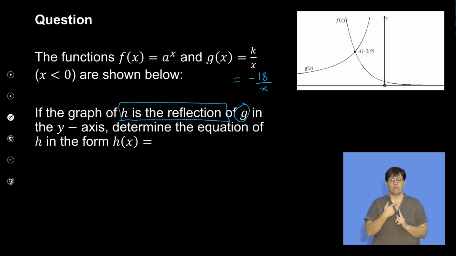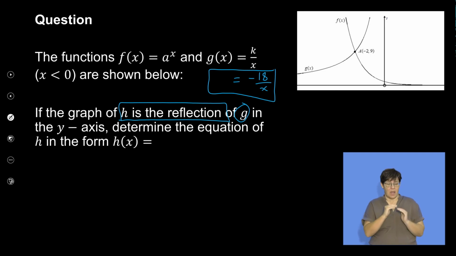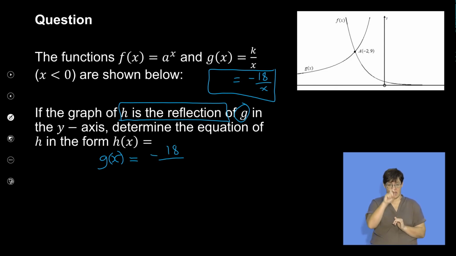And provided that it's minus 18 over x, if I want to reflect this about the y-axis, it means I'm changing the x value sign and making it a different sign to whatever it is at the time. So I have g of x is equals to negative 18 over x.